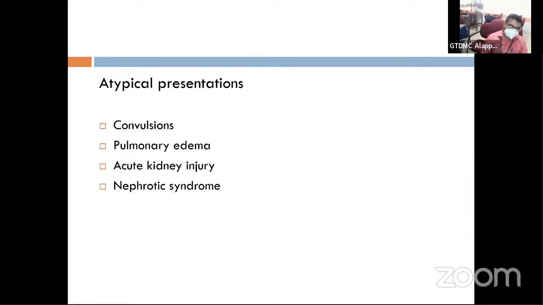But usually in post-streptococcal glomerulonephritis, nephrotic range proteinuria is very rare. It is an atypical presentation. Other causes of glomerulonephritis sometimes present with nephrotic syndrome features. So these are the atypical presentations of PSGN.